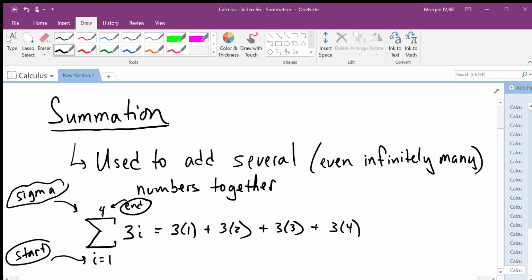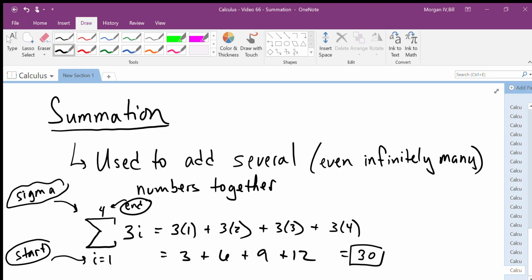So the sum from i equals 1 to 4 of 3i is 3 times 1 plus 3 times 2 plus 3 times 3 plus 3 times 4. That's 3 plus 6 plus 9 plus 12, which is 30. And that's it. That's summing from i equals 1 to 4 of 3i.